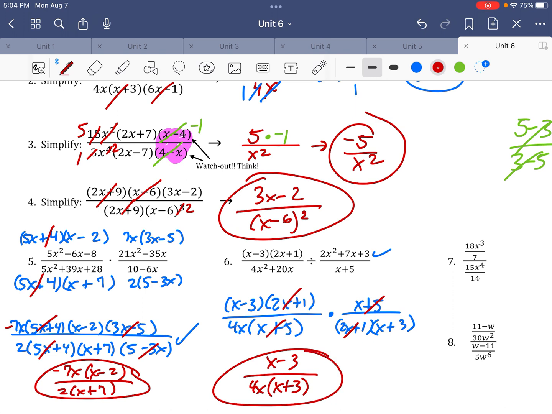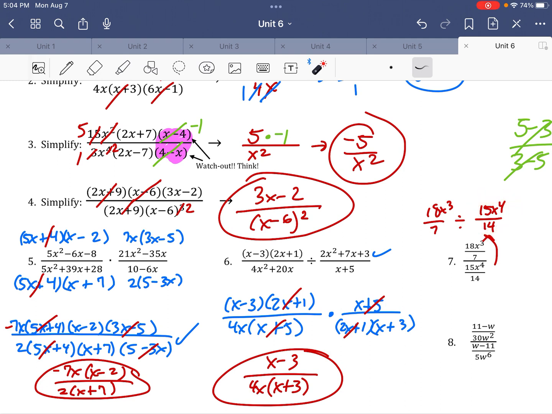All right, and number 7. Number 7 is what's called a complex fraction. So if you saw this problem, you could also very well see it written like this. You could see 18x to the third over 7, divided by 15x to the fourth over 14. So now, just like we did in the last problem, the second fraction flips over.